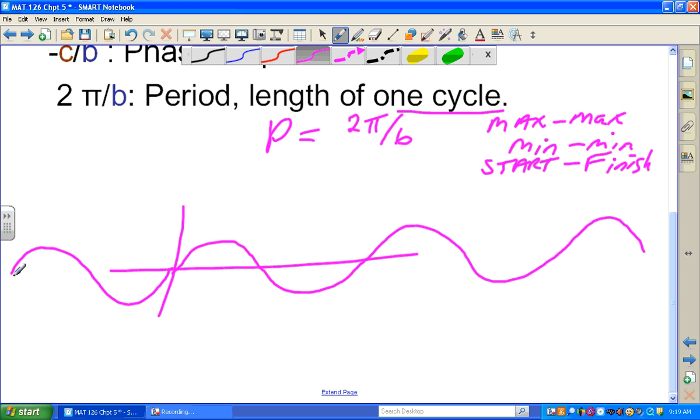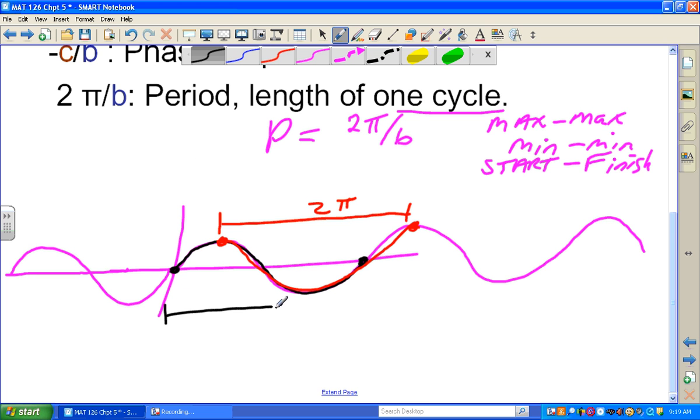If you're a purist, from here to here is one cycle. Some people might consider from here to here as a cycle. That's more like a cosine curve. Those dots are still 2 pi apart. That's the length of one cycle.